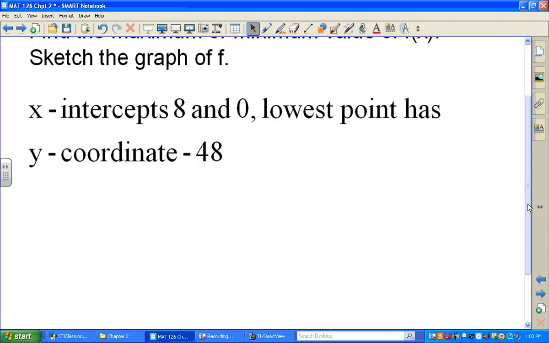How do you write an x-intercept, 8 and 0, and the lowest point? Does that make that a minimum or a maximum? The lowest point. Minimum.